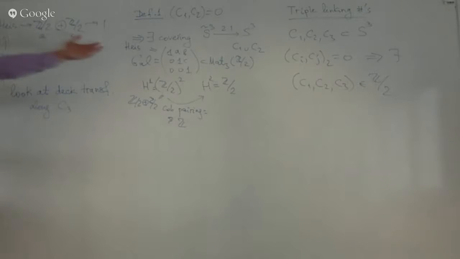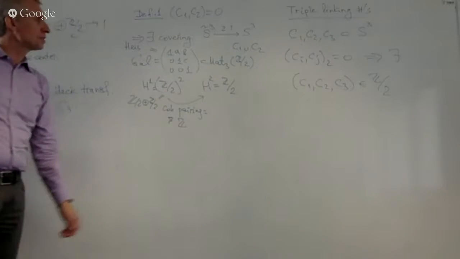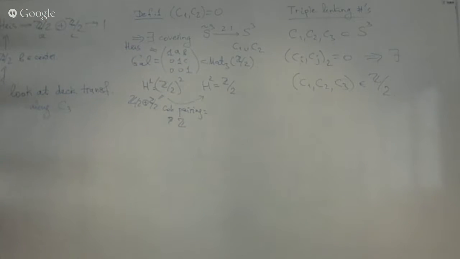This is an element of this group. In this transformation, A would be equal to the linking number of C1 and C3, B would be equal to that of C2 and C3, and C may be not 0. So this small c is the triple linking number.